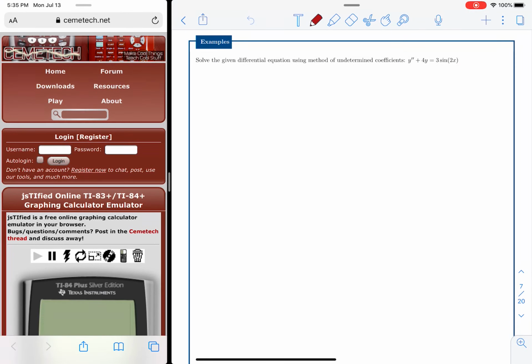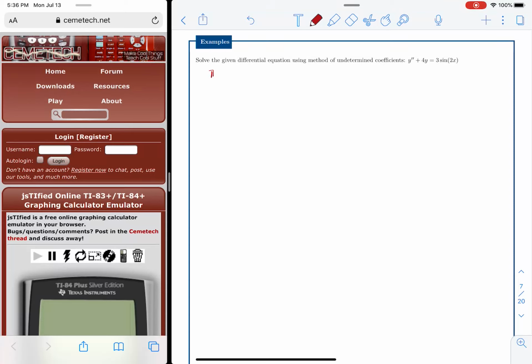So here we have a second order non-homogeneous equation. And we want to find its solution using the method of undetermined coefficients. So the starting point, as always, is to start with the associated homogeneous equation.